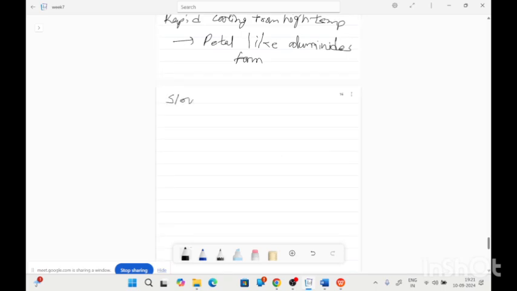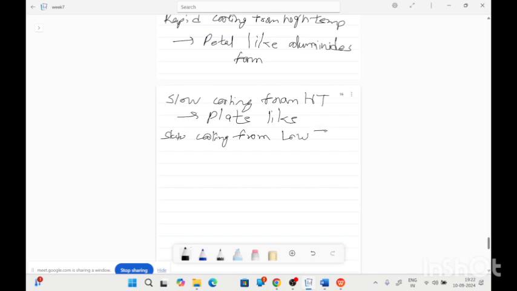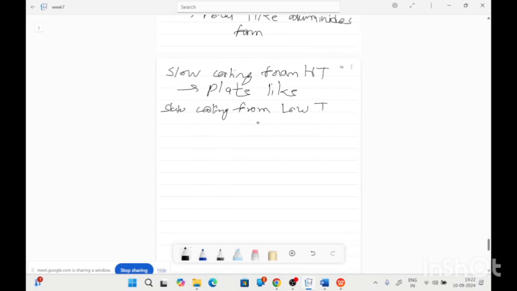If slow cooling from high temperature is done, then plate-like morphology is obtained. If slow cooling is done from low temperature, then blocky intermetallic particles are generated.